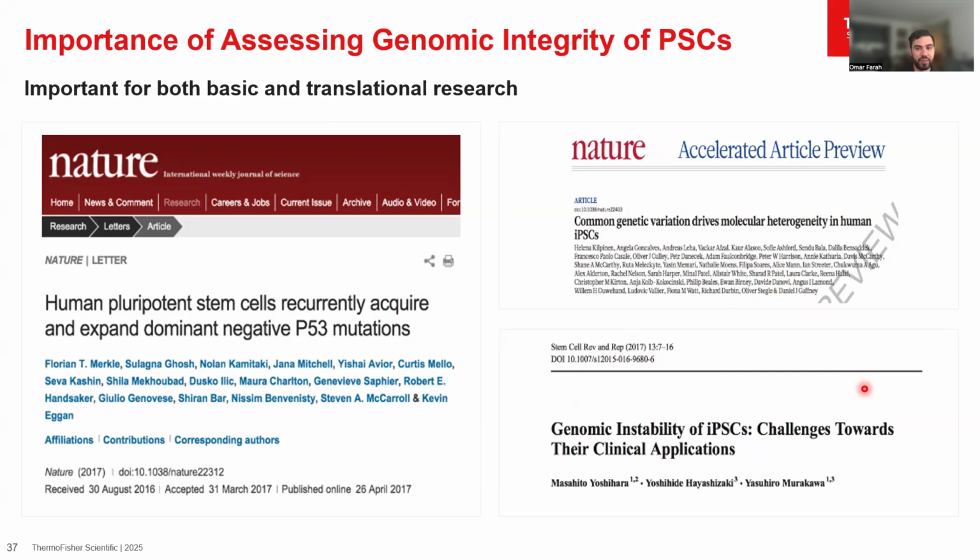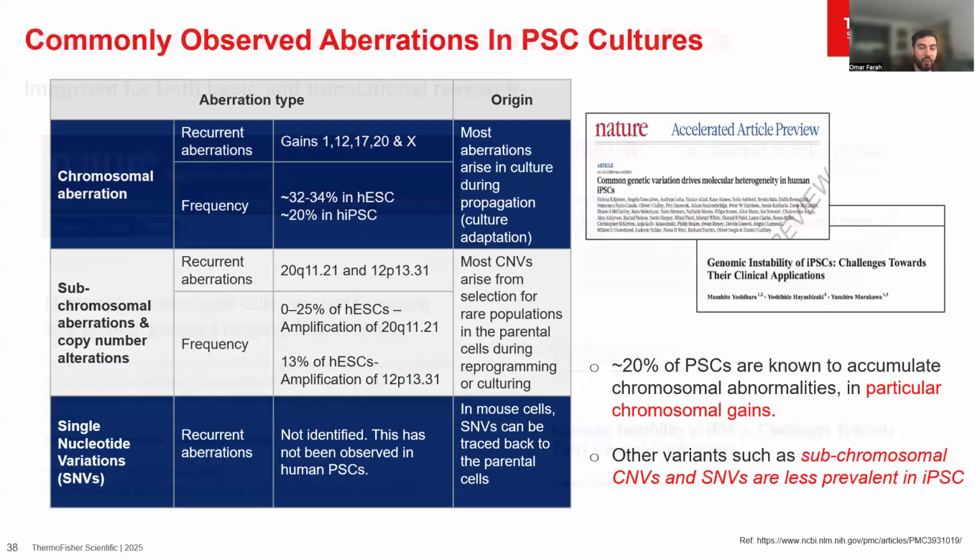It's well documented now in the literature that because of their proliferative capability, right, and their self-renewal ability, these cells can accumulate mutations. In fact, some of the numbers coming out looking at retroactive studies are quite staggering, with folks showing that around 20% of PSCs that have already been published have accumulated some sort of genetic abnormality.